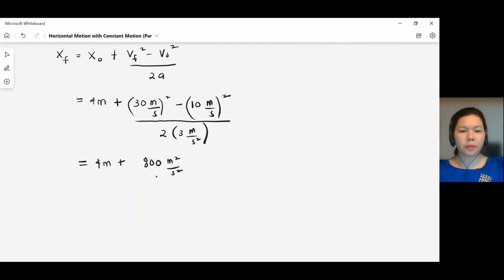Over 2 times 3, that's 6 meter per second squared.